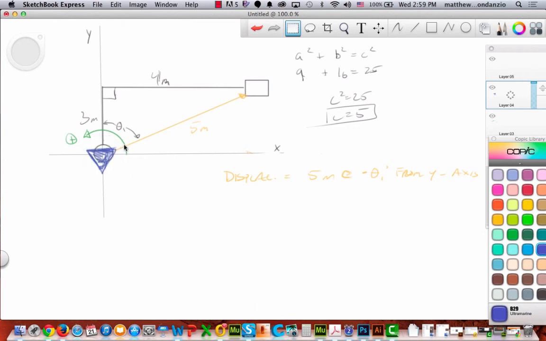Here's the other thing, guys. I also have another angle in here. My other angle is theta 2, which is from here to here. So I could also say 5 meters at positive theta 2 degrees from the x-axis.